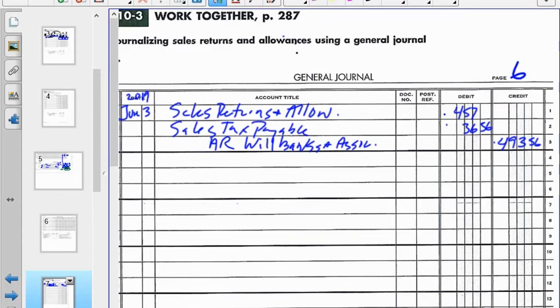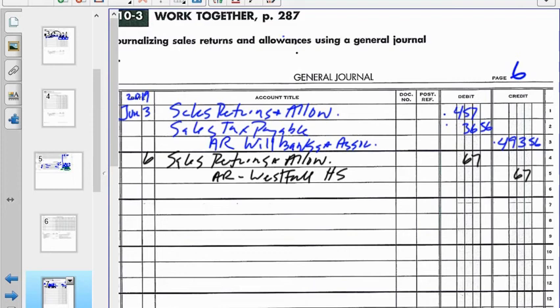They were never charged sales tax, so they don't get an adjustment to sales tax. So again, we are on the 6th. Sales returns and allowance, and accounts receivable, Westfall High School. Dollar amount is going to be $67.